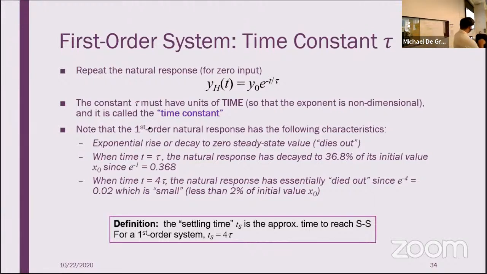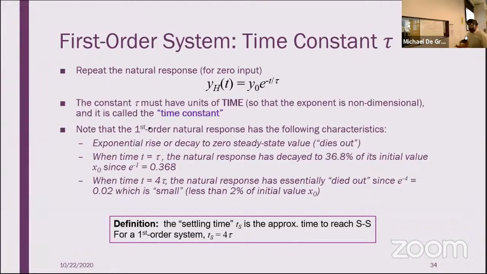Just to have it here on the slide, this is the natural response with no input, with an initial condition of y naught, y of 0 is equal to something. Well, call it y naught.